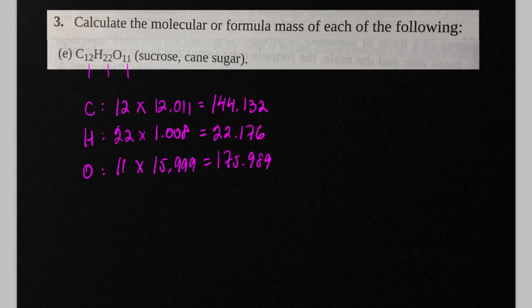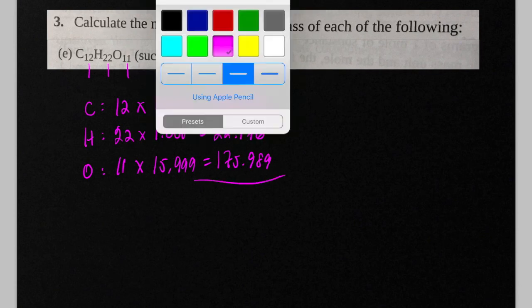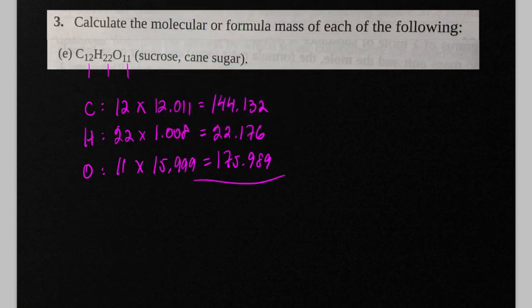And that gives us 175.989. And then you want to add all these up to give you a total formula mass. So 342.297, and I'm going to choose to write those in units of AMU.